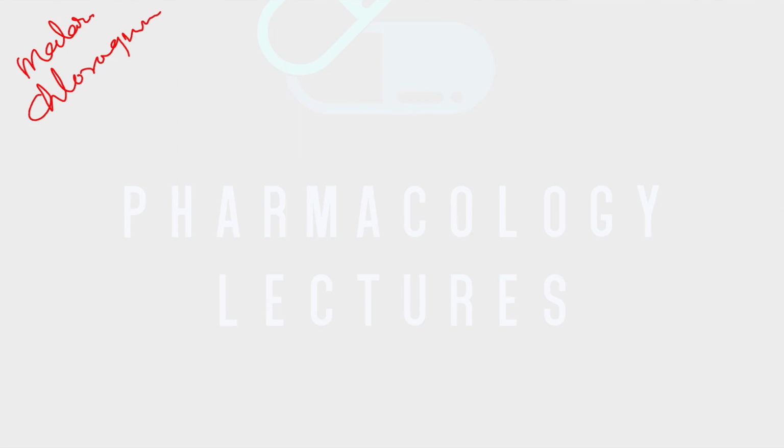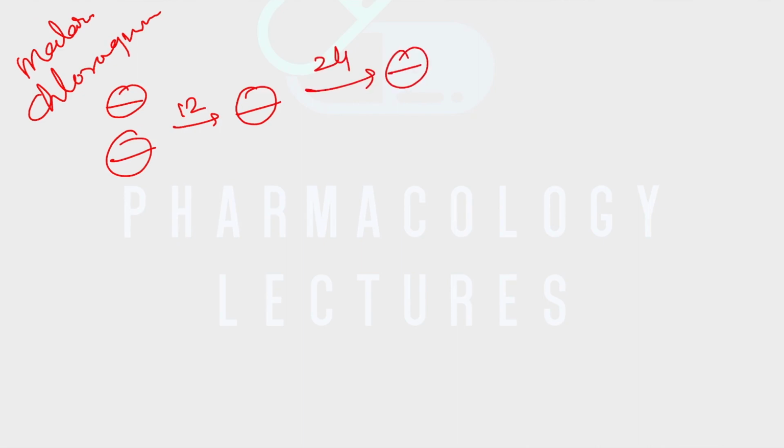Now how is it prescribed? The doctor will ask you to take 2 or 4 tablets initially. After 12 hours, take 1 tablet. After 24 hours, take one tablet. Again, after 24 hours, take one tablet. So this is the kind of schedule formed in this treatment.